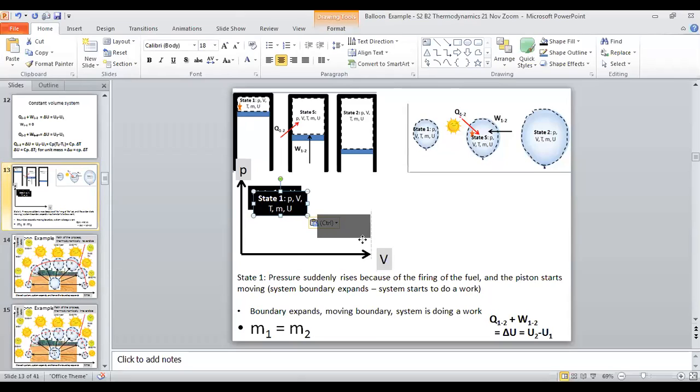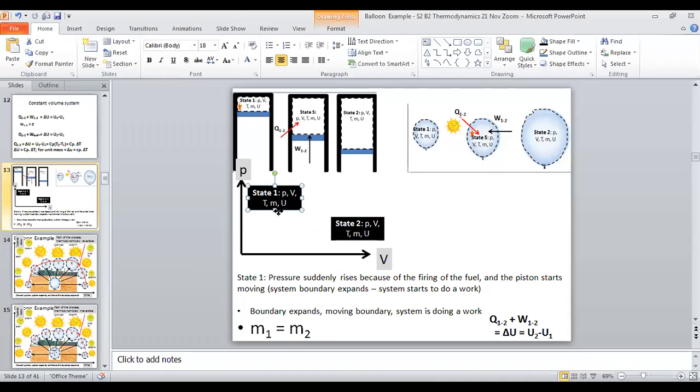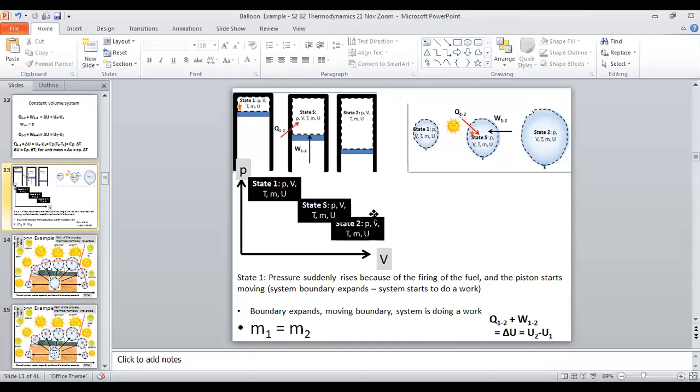State 2 comes here. Pressure is quite low. Volume has expanded. Here pressure is high. So the general state, if you need, is somewhere in between, state S. That's how it is.